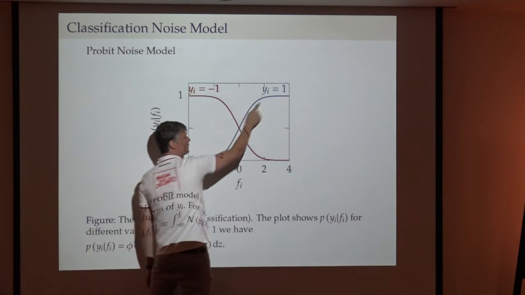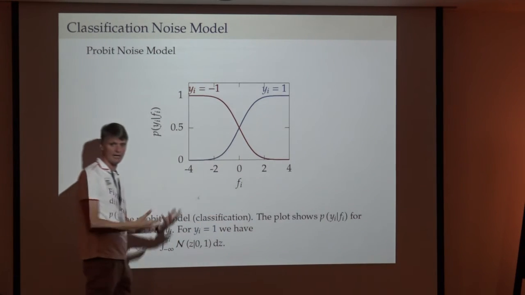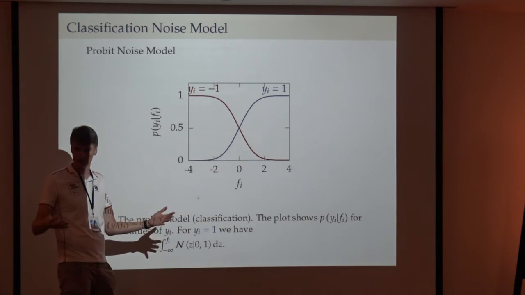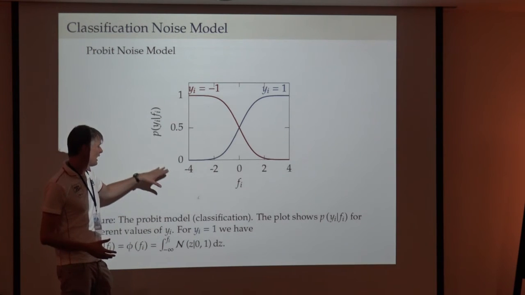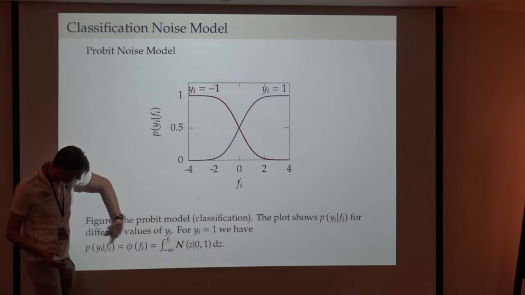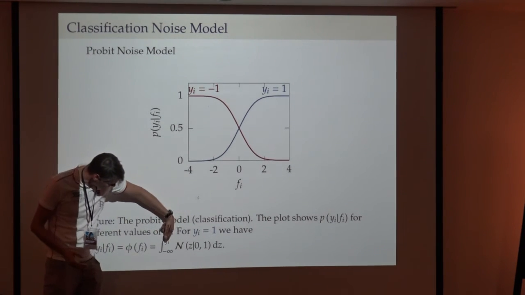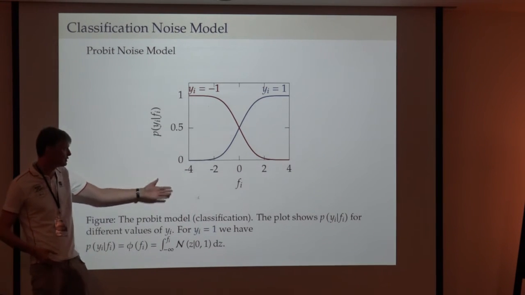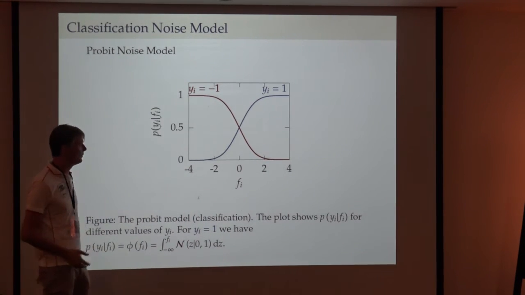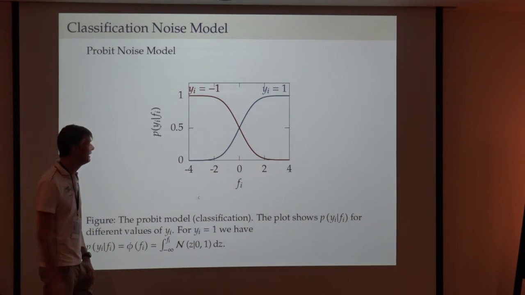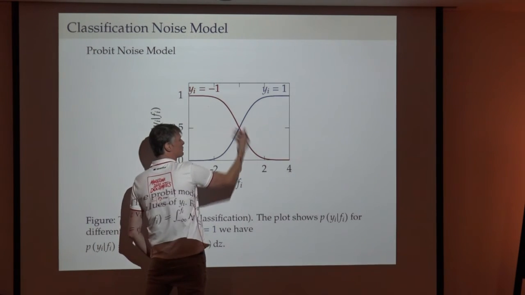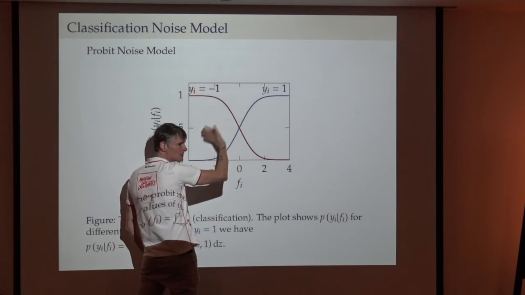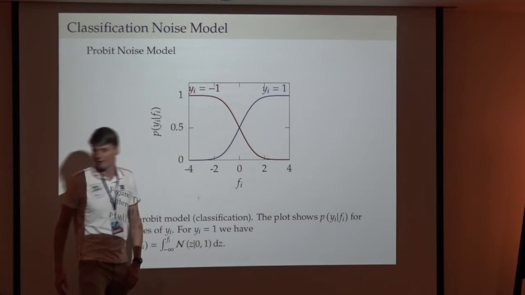So we think of these as squashing functions, and they're widely used to get probabilities out of continuous variables. The probit itself is the integral over the Gaussian. It means things are a little bit more tractable. A common one to use is the logit or the sigmoid. But here's the probit. The sigmoid looks similar. Of course, the probability of being minus 1 is 1 minus that. So this is the pictorial representation of our likelihood.